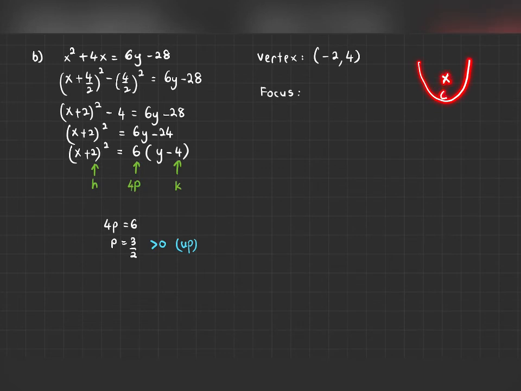So, maksudnya nilai koordinat ini kita akan tambahkan P dekat value of Y. Alright, so kat sini kita akan plus dengan P lah. So, that means our focus here will be negative 2. And then 4 pluskan dengan 3 over 2. So, 4 plus 3 over 2 will be 11 over 2. Okay, so that is focus kita.